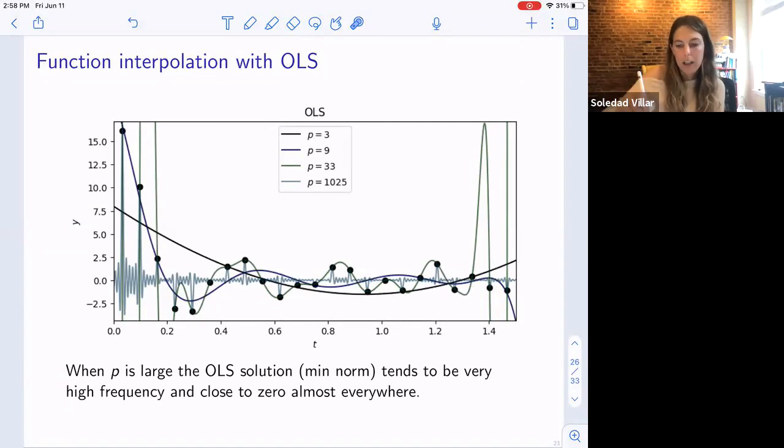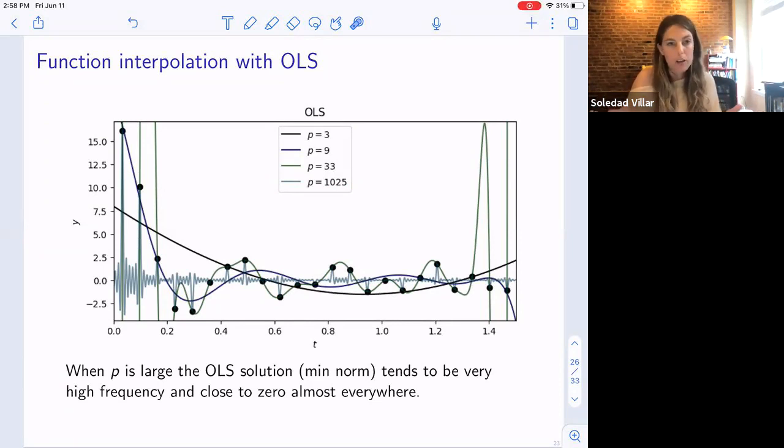If I make the number of basis functions very large, then I get an interpolation that perfectly interpolates all the data, but the function is basically zero. It tries to be the zero function. The reason this happens is that when you do ordinary least squares, you're looking for the minimum norm solution.